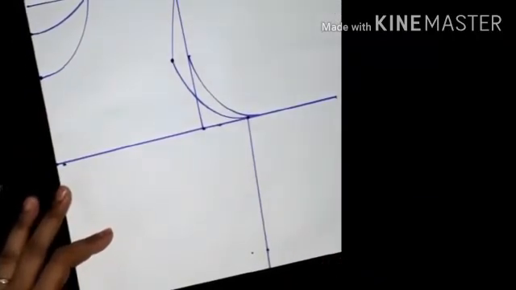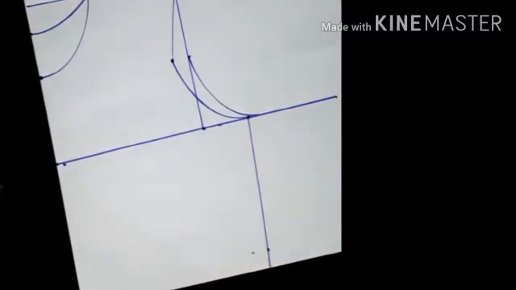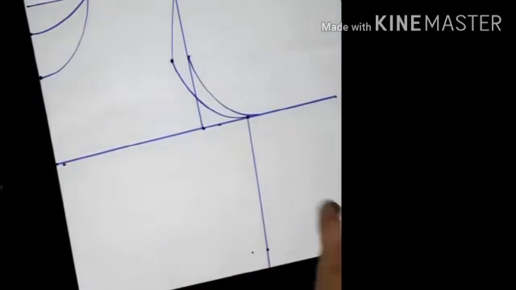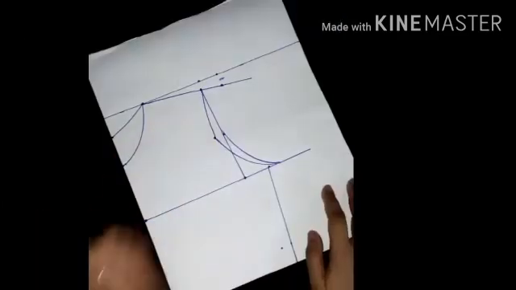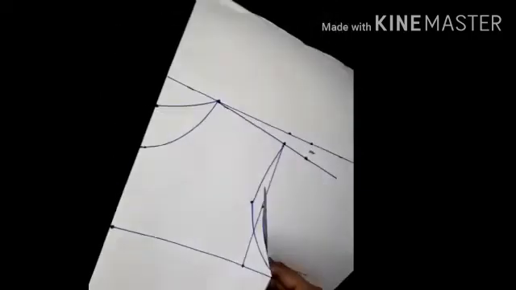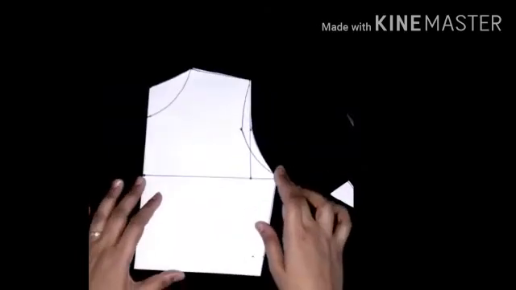This is the front side bodice draft, but I can make the back side bodice draft with the help of this also. For this I will first cut the back side armhole and back side neckline. So I am cutting from this point. This is ready to make the draft of the back side.